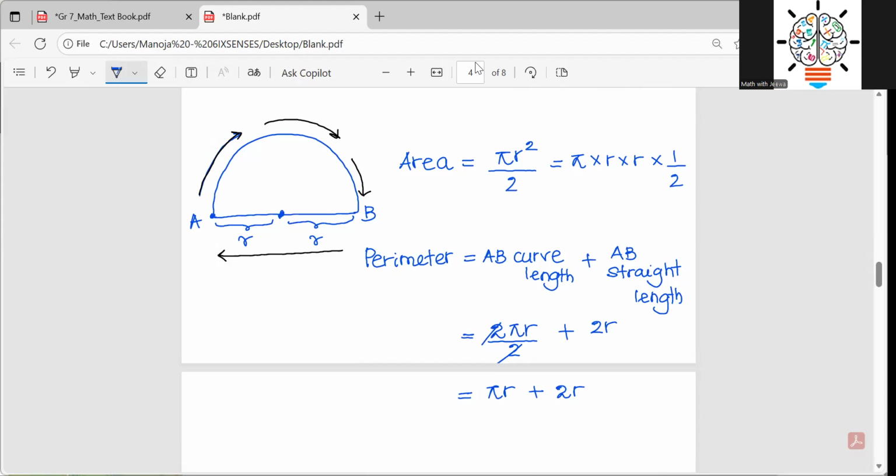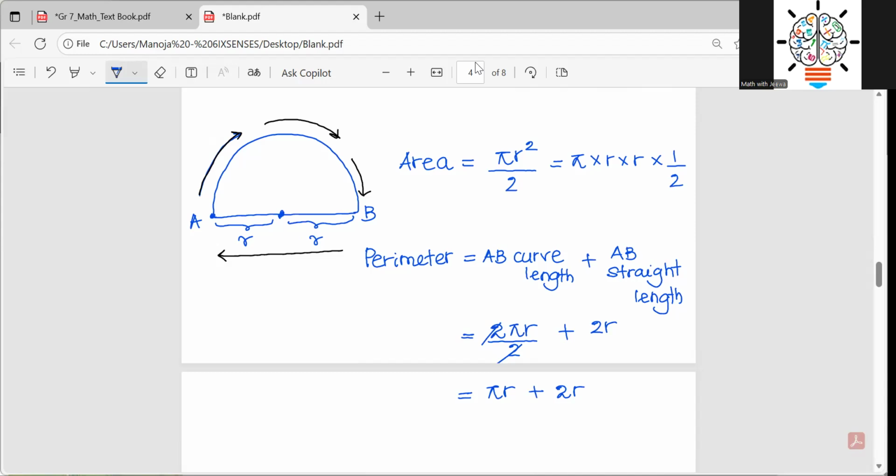But when it comes to the perimeter, you want to be mindful. Perimeter in the sense that the outer boundary, the whole thing we do have, you want to start from a particular point and you go around and then you come to the initial position, that is here according to my example, point A. You start from point A, you take the curve path, then go to B. From B to A, you go to the initial position.